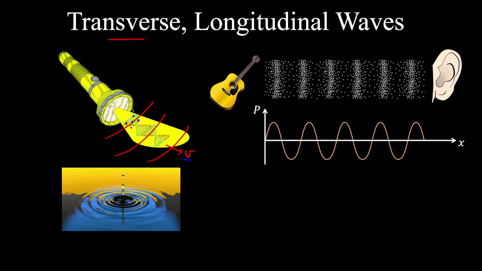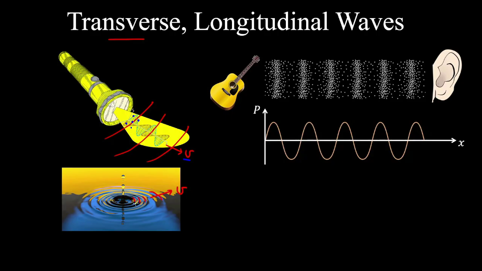Another example is a wave propagating in water. For example, if a rock is dropped in a pond, the wave front is propagating in this direction at some velocity.